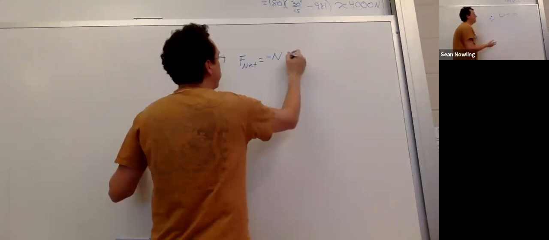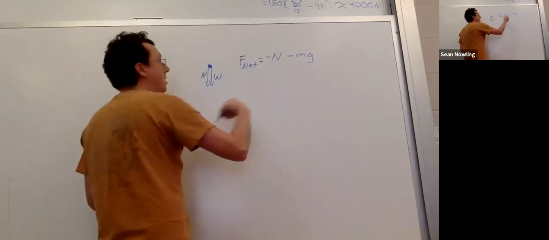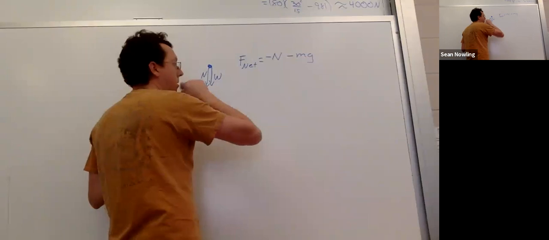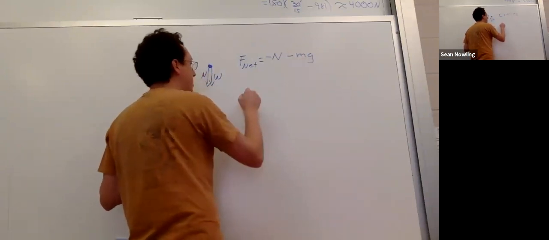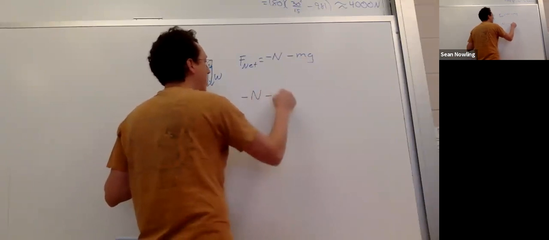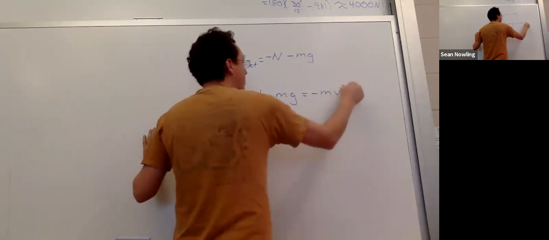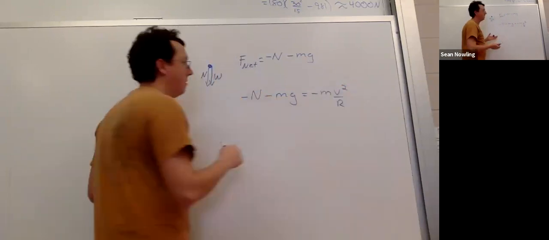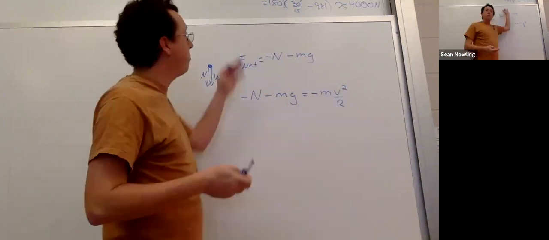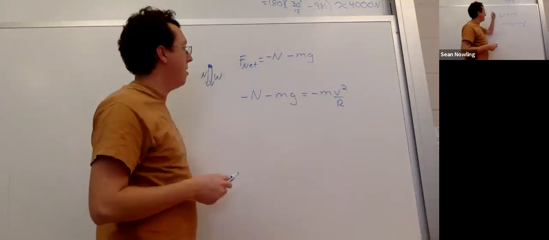That's the same formula we just had 20 seconds ago. And now I want to set that equal to mass times acceleration. So just as before, I get minus n minus mg equals minus mv squared over r. Same as what we just had for the person actually going around getting squashed at the top of the circle.